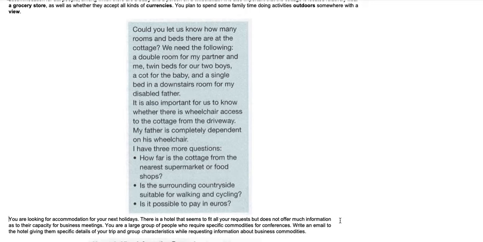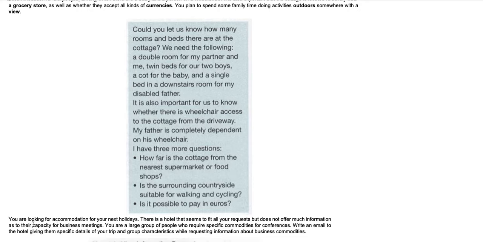Write an email to the hotel giving them specific details of your trip and group characteristics while requesting information about business commodities. Okay, so here, what's important? We have accommodation for your next holidays. That's the kind of trip we are doing. Now we have a hotel that does not offer much information as to their capacity for business meetings.